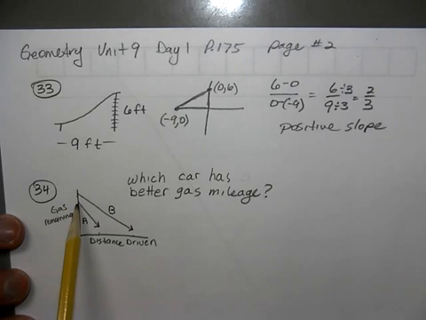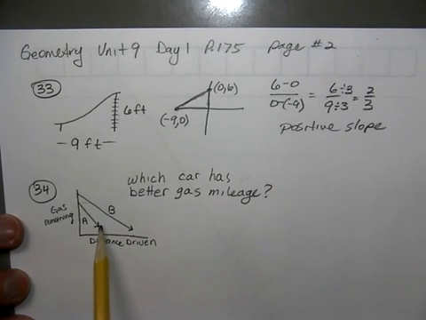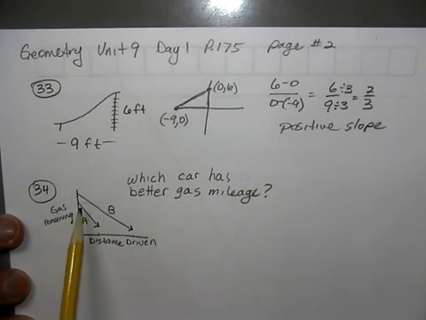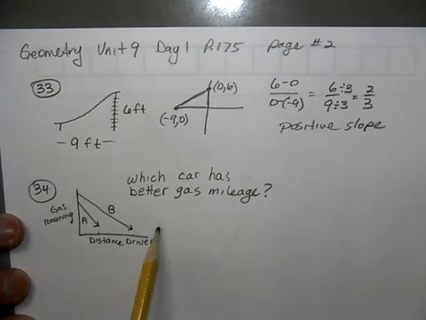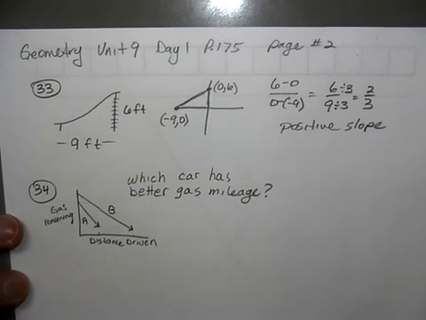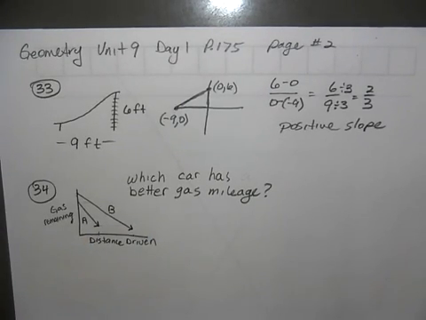Notice that here the two lines are about that close, and in this case are much further apart. So B is getting further out than A is. These two lines are not exactly the same. B is getting better gas mileage because it is getting further on its gas.